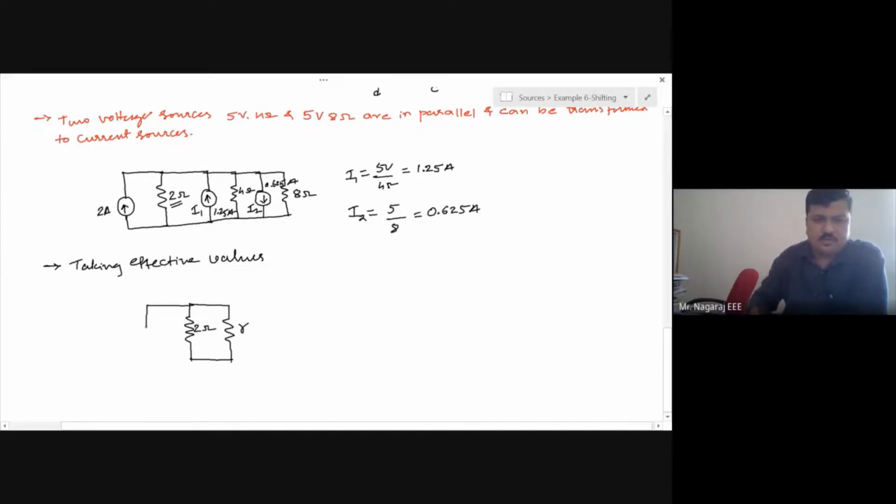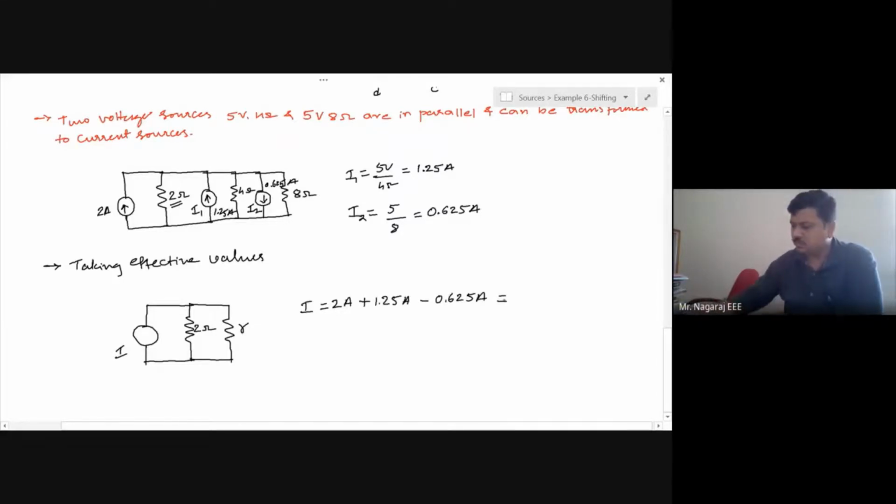Now observe, there are two currents, 2 amps and 1.25 amps upward, and the downward current 0.625 is lesser than the sum of both together. So let me call this I. So I is equal to 2 amps plus 1.25 amps minus 0.625 amps.